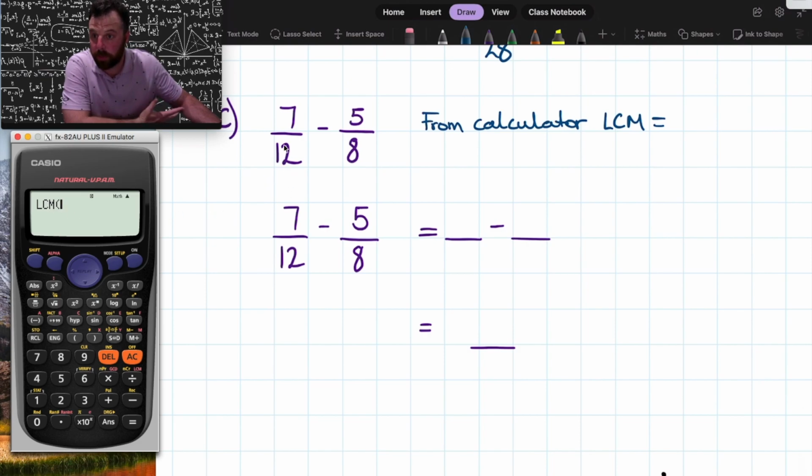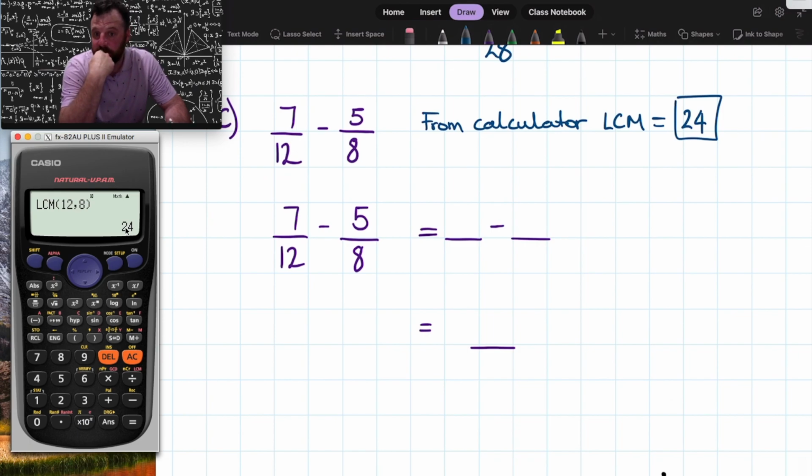We're comparing denominators, remember, so 12 and 8. So I'm going to go 12. And then above the bracket, you can see I've got this little comma. So I need to use my comma, 8. And I close my bracket. This is the lowest common multiple that I want to compare. When I press equals, it says the lowest common multiple of 12 and 8 is 24. So my lowest common multiple is 24.